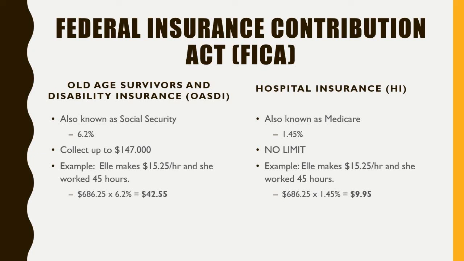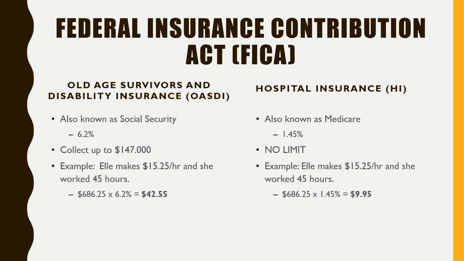And of course, we're going to talk about the other section of the Federal Insurance Contribution Act, which is known as Medicare. Medicare is 1.45% of gross pay. Okay, so once again, it was determined by the federal government that 1.45% of an individual's paycheck should be enough to pay for medical insurance.